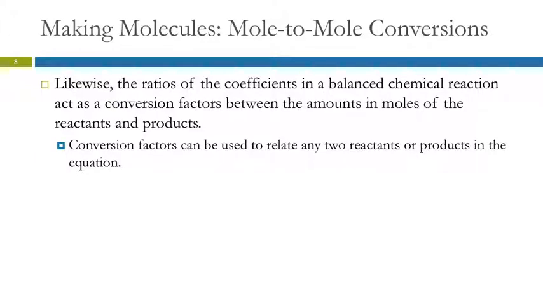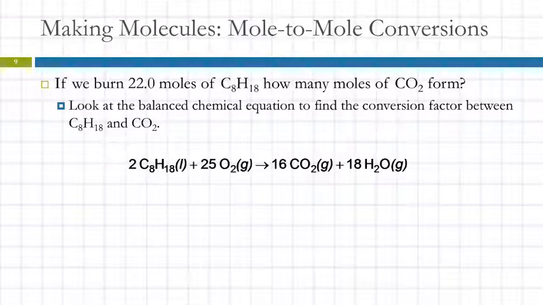The ratios of coefficients in balanced chemical equations give us the same sort of information. They give us conversion factors between amounts in moles of any two reactants or products. And so we can connect any two things in one step. So if we burn 22.0 moles of octane, how many moles of CO2 would form?